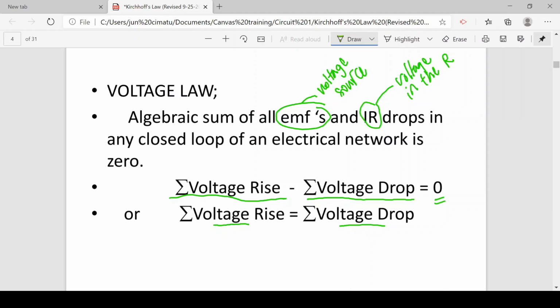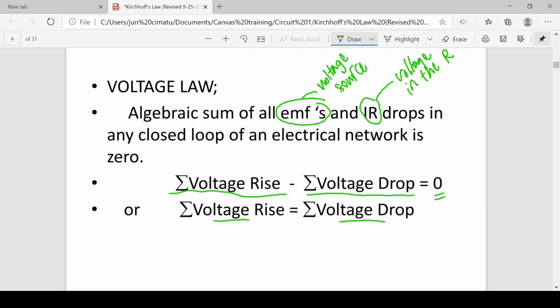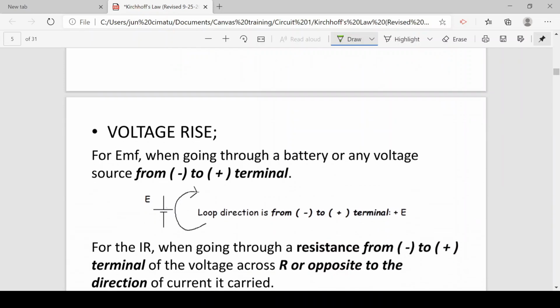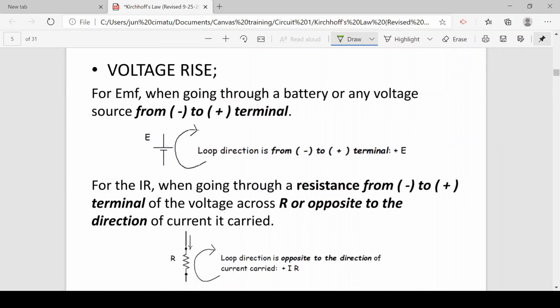What are the voltage rise and voltage drop? Voltage rise is said to be positive for an EMF or source.